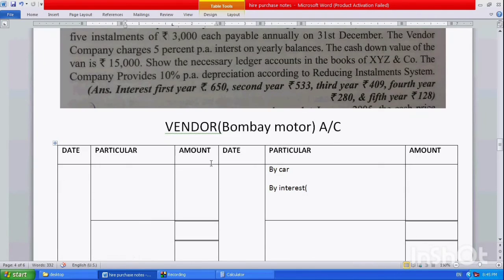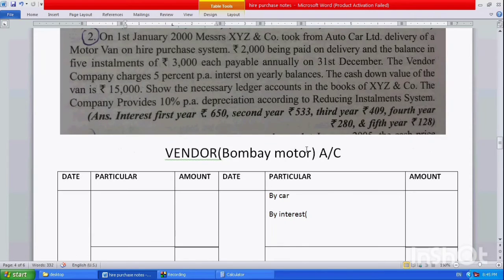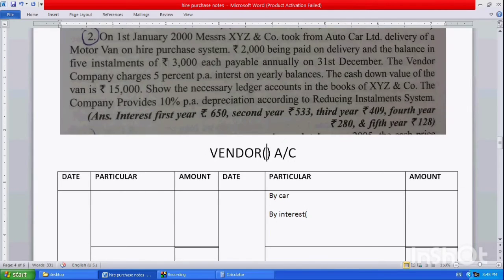Now vendor account. Who is the vendor? Auto Car Limited. Auto Car Limited is a vendor, means he sells the goods to our company XYZ and company.